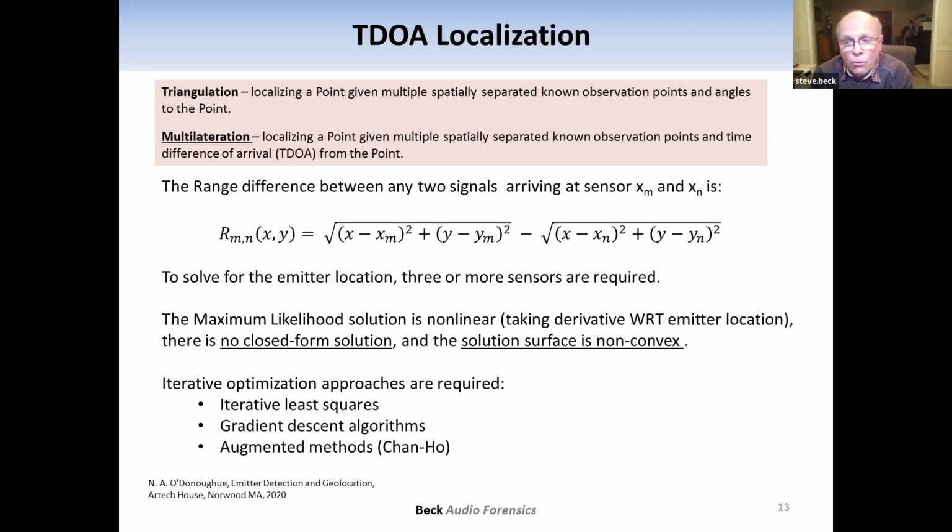And you can set up your equations, and I'm not going to show you what they are here. But I will tell you that there is no closed form solution. And that solution surface is non-convex, which means that once you have all of your equations set up, you have to go to your favorite MATLAB or Python or whatever language and get your favorite optimization routine, like iterative least squares or gradient descent algorithms or whatever, and you can converge to the best possible solution.